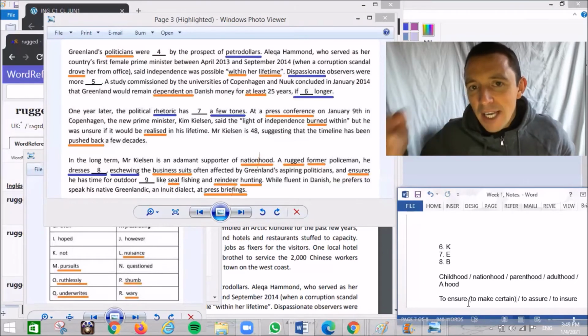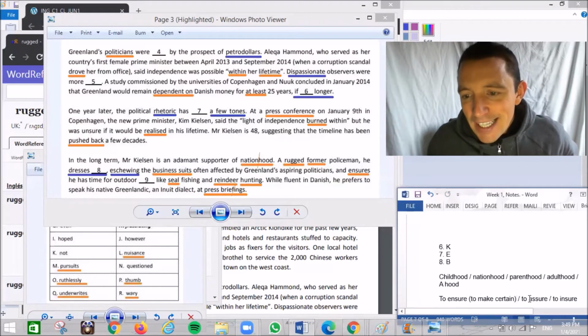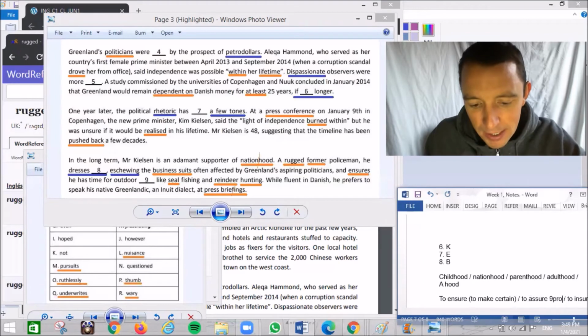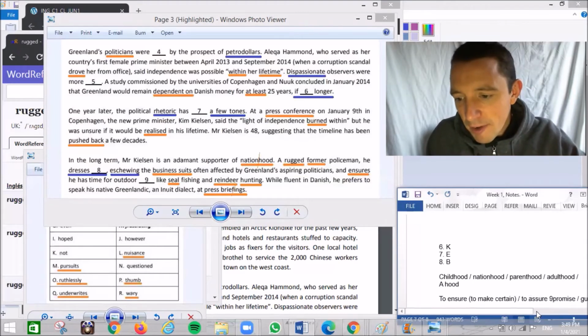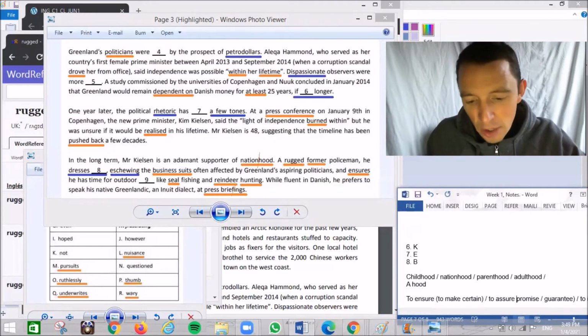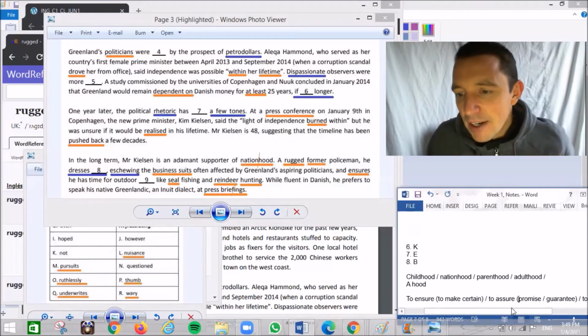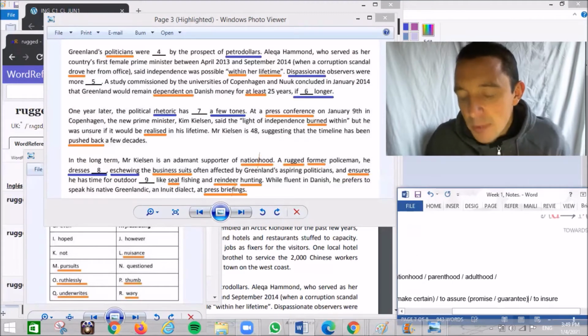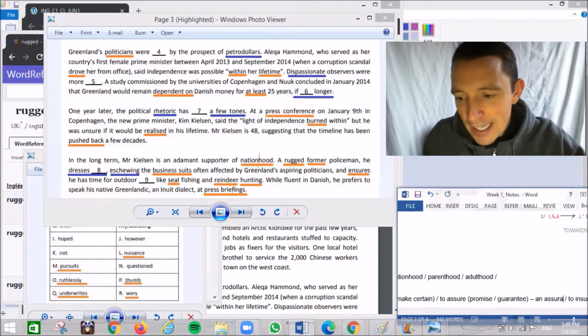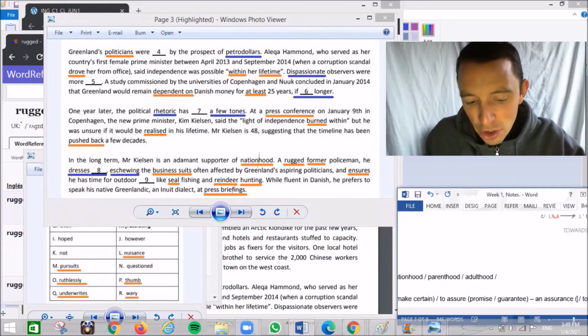So after you leave the house, ensure the door is closed. That's the first one. The second one is like guarantee or promise. So to promise or guarantee. So if your friend needs help, you will assure your friend, you will promise, or you will guarantee your friend, okay? And the substantive is an assurance. It's like a guarantee, an assurance and a guarantee.